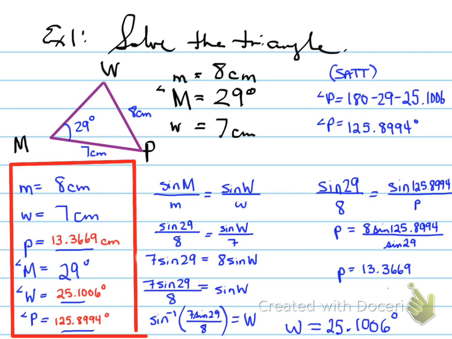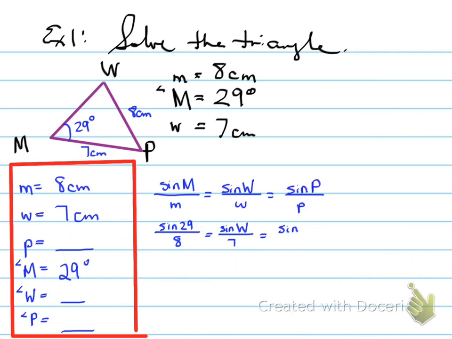Oh, that's a lot of information, folks, so let's go back a little bit. This is the sine law for this triangle here, but we don't need all of these pieces of information just yet.